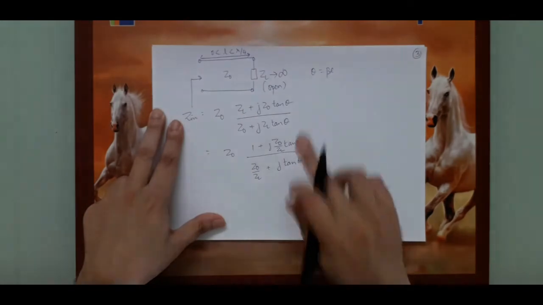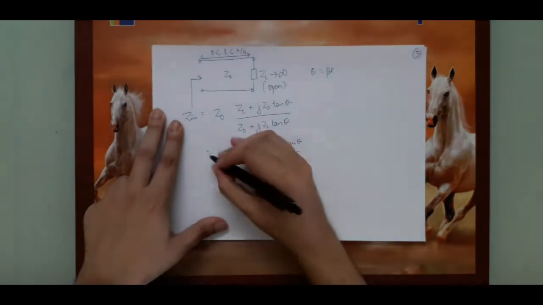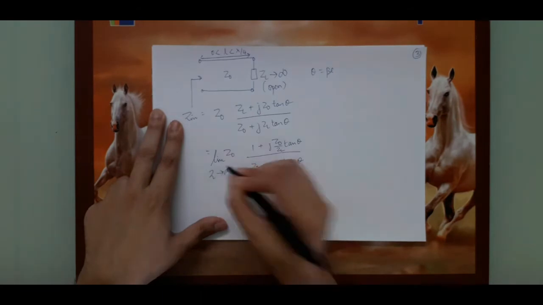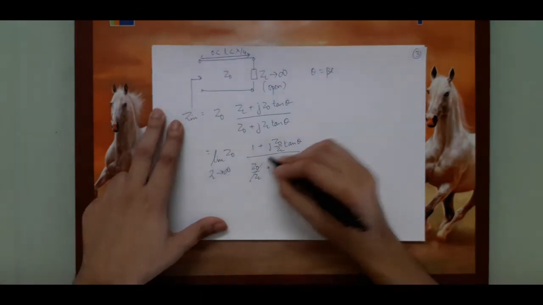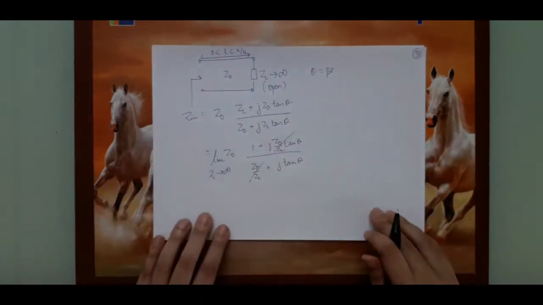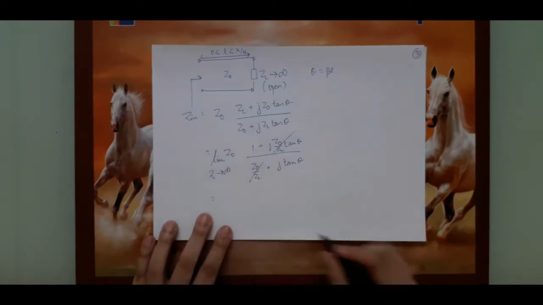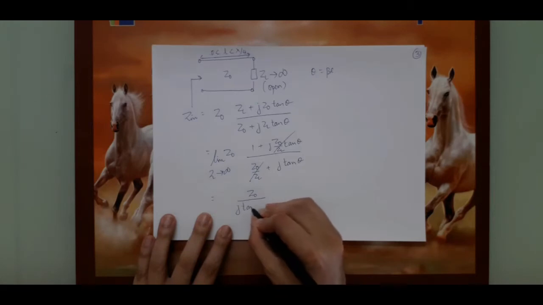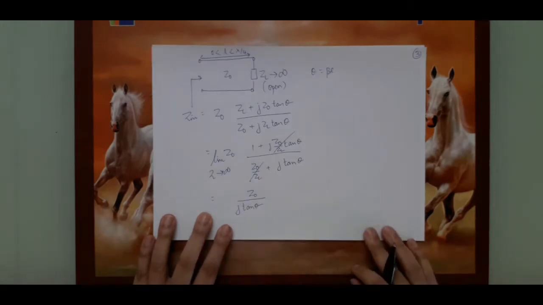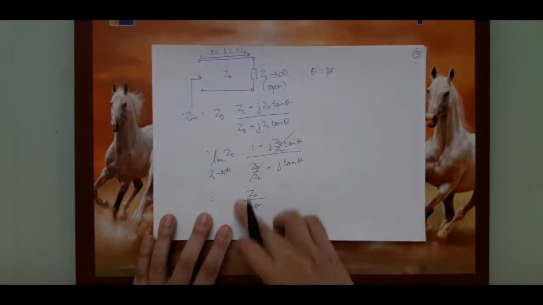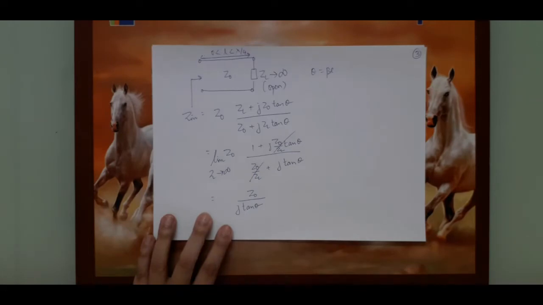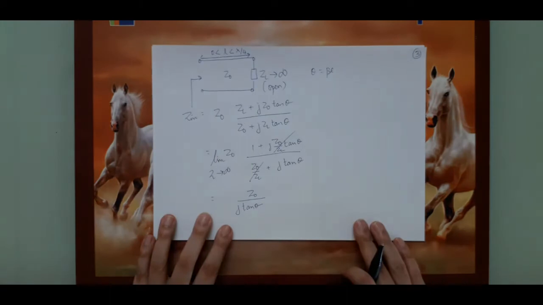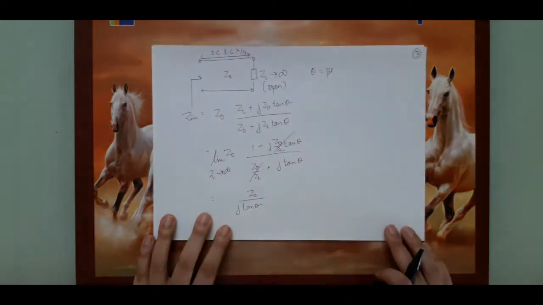Now here if I put the limit of ZL tending to infinity, so this term and this term will cancel out, and what I will have left behind is only Z0 by j tan theta. Again, this entire term will be positive only when theta is between 0 and 90 degrees, or the L is between 0 and lambda by 4.